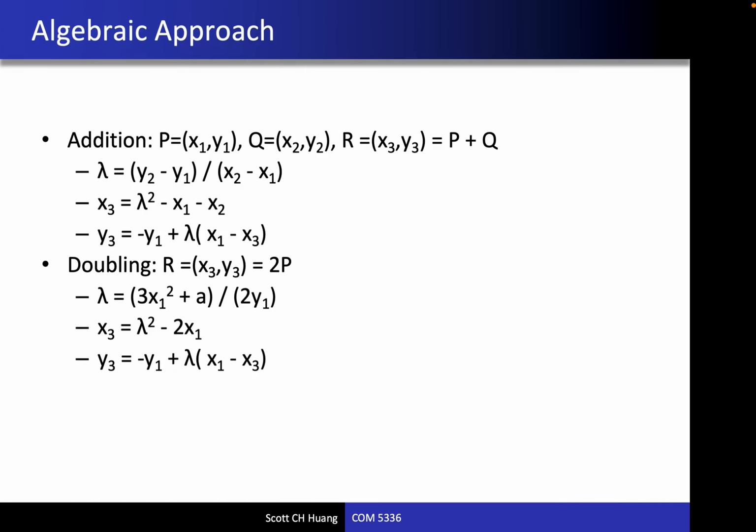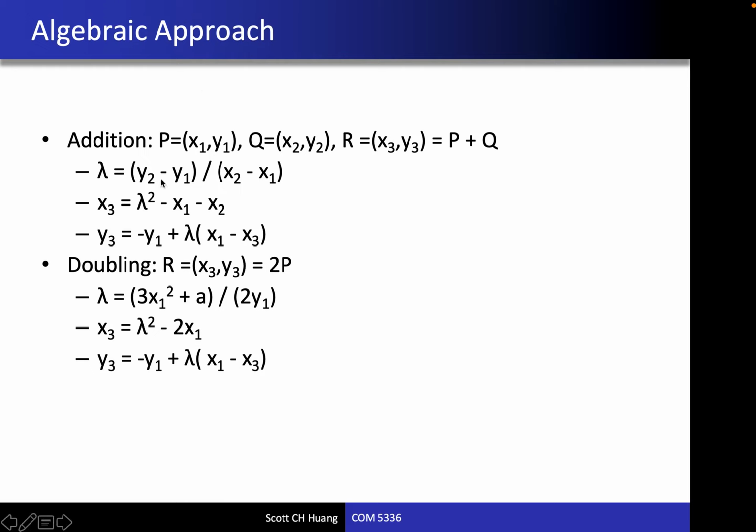For this moment, let's assume that these a and b, x, y, they are real numbers. Let's temporarily assume that. Okay, and then we're given 2 points P and Q. For real numbers, we can actually calculate P plus Q using a formula.